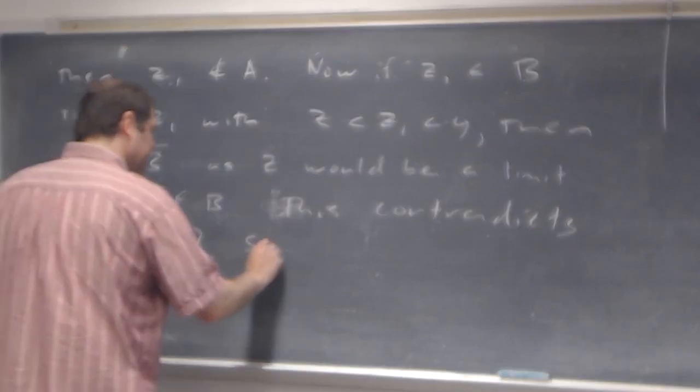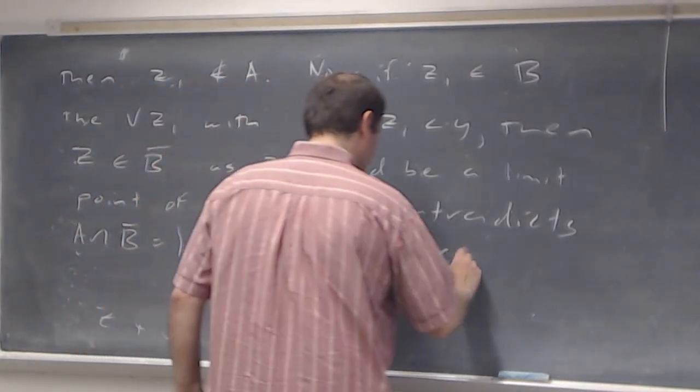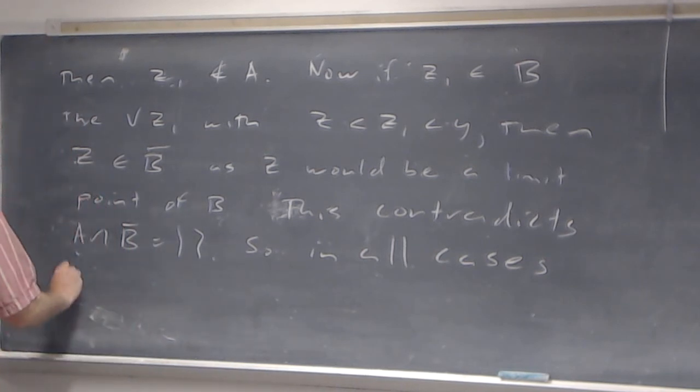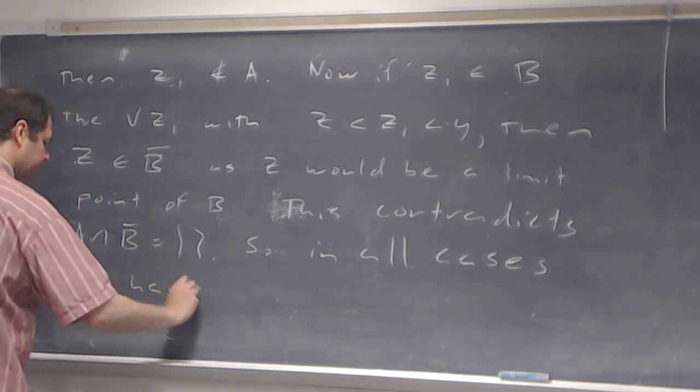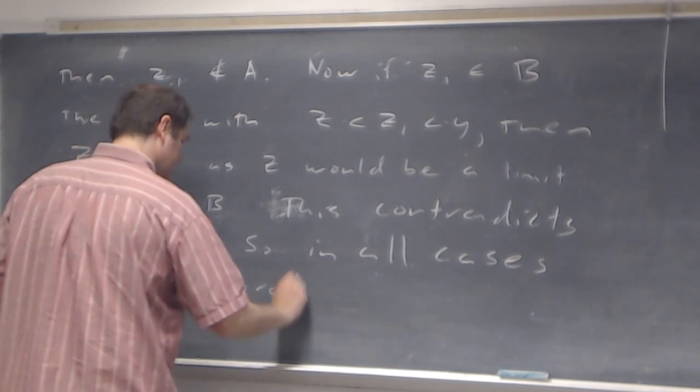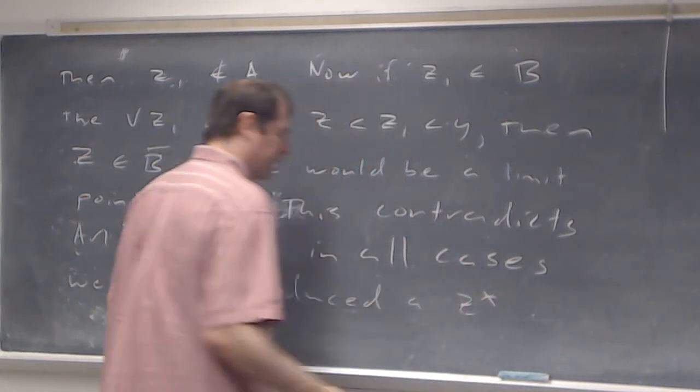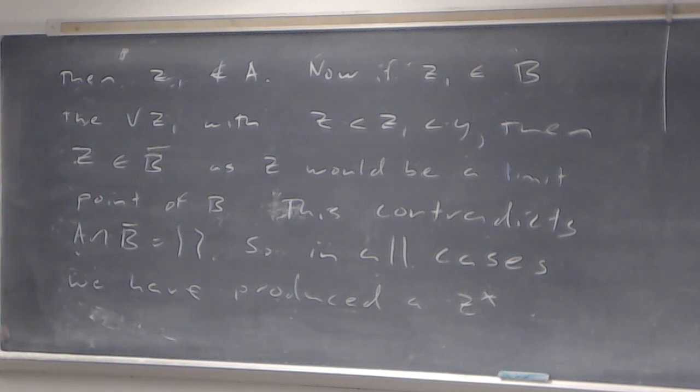So in all cases, we have produced what I'll call z star. In the first case, it was that sup. In the second case, it was just any point in between the sup and y. Okay.